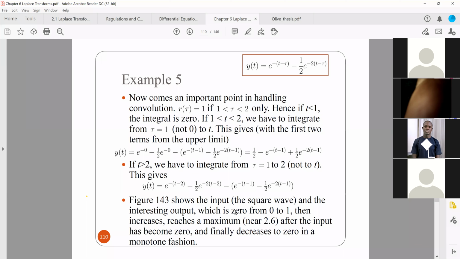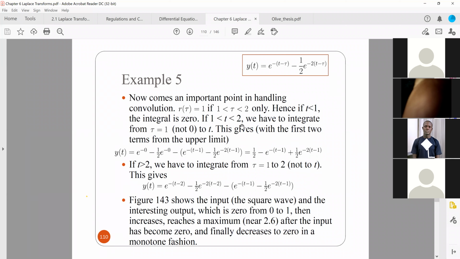And then substituting in again, we'll end up with minus e to the minus (t minus 1) and a half e to the minus 2(t minus 1). When we expand all this, this will be 1 minus a half. That's why we end up with a half here.